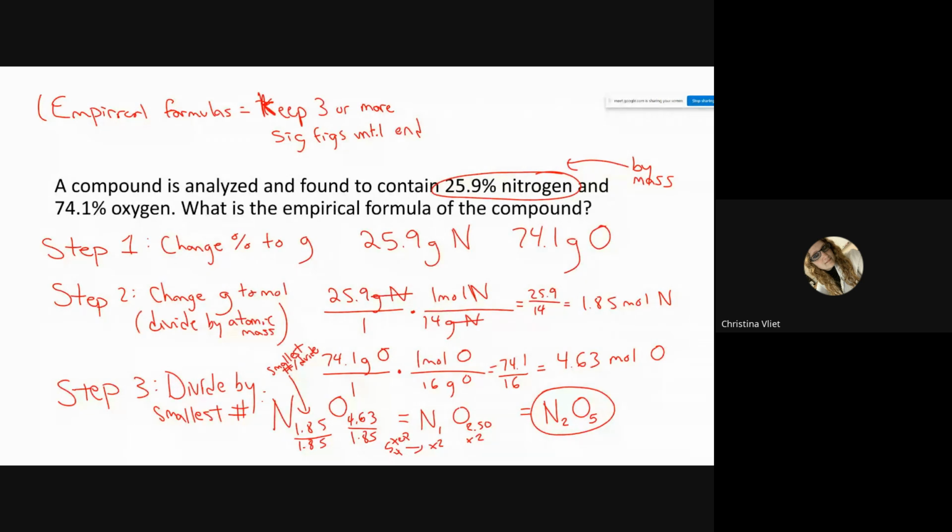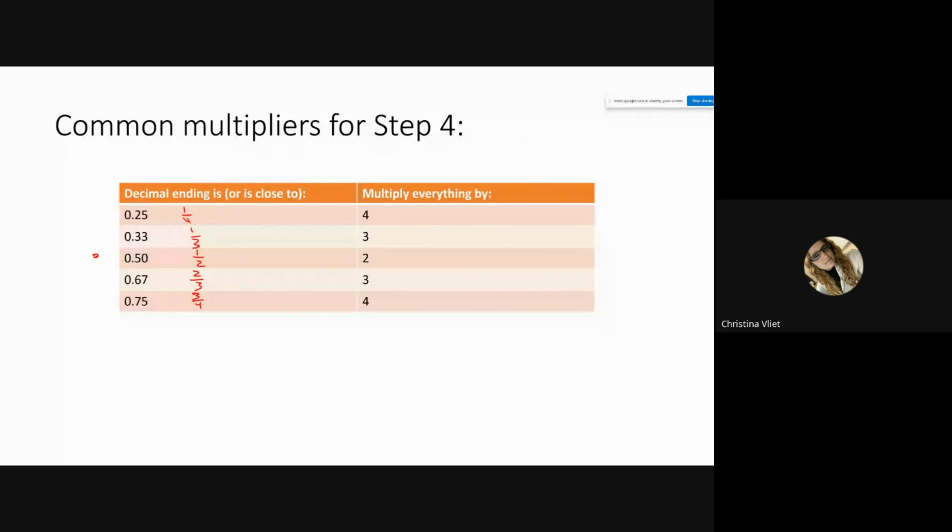All right, I'm going to go back here. I just want to address what decimal ending is close enough to round to the nearest whole number.